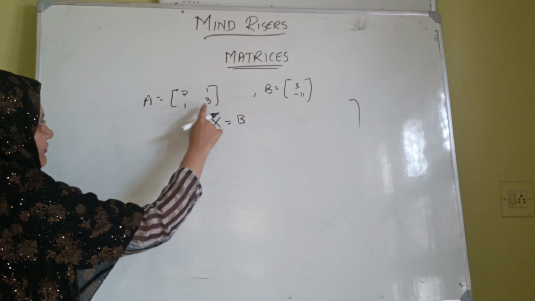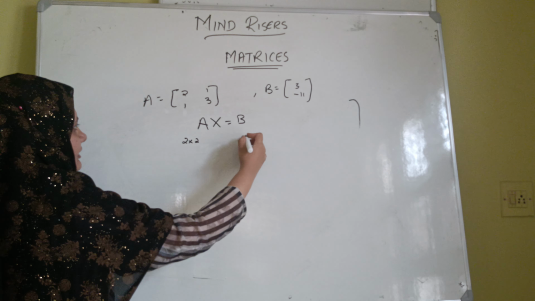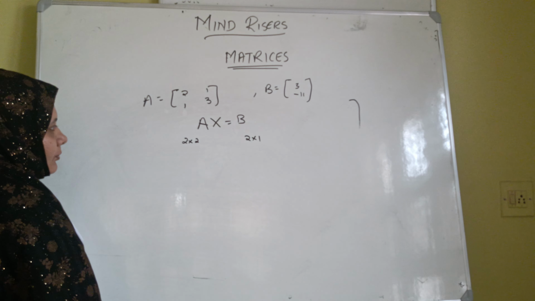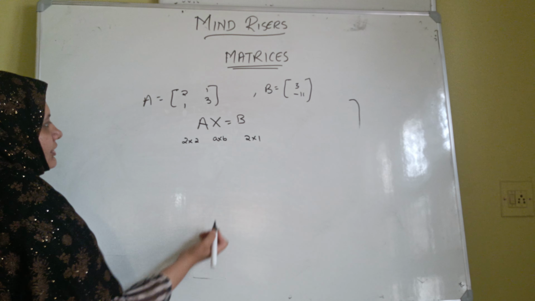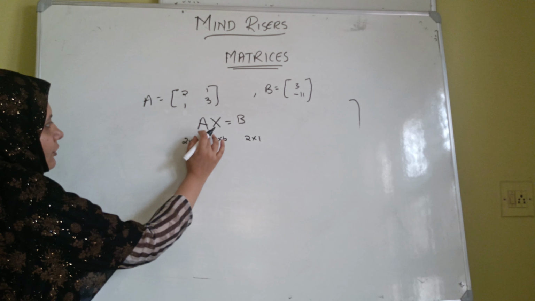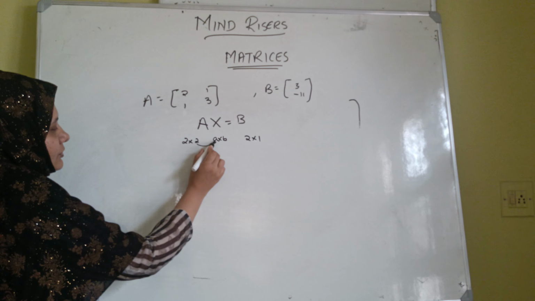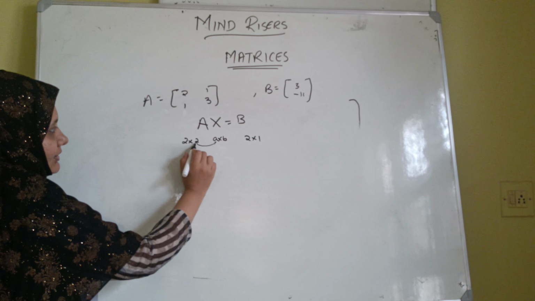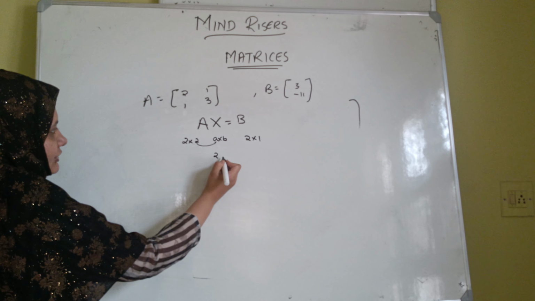So A we know is of the order 2 cross 2. B we know is of the order 2 cross 1. Whereas the order of X we do not know, we will write it as a cross b. We know the multiplication is possible only if these two numbers match. So a has to be equal to this 2. So we get to know that the rows of matrix X is 2.